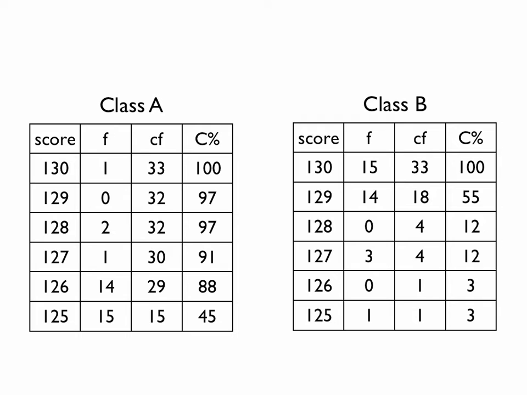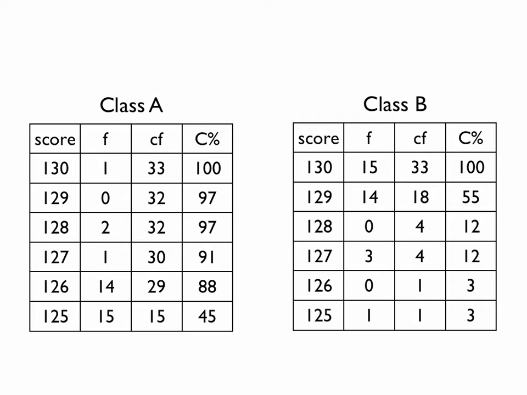And what we can see is that in Class A, most of the scores, 88% of the scores, fall at 126 or below. 91% of scores fall at 127 or below.